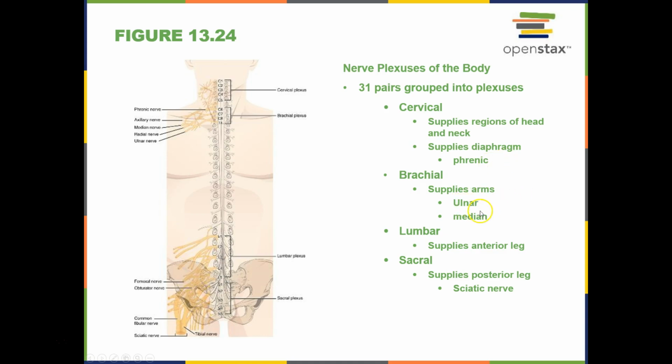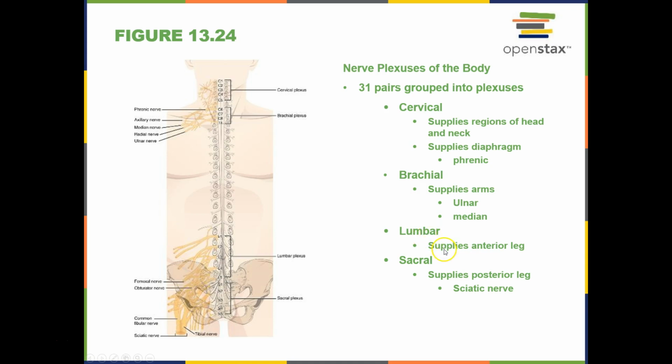The ulnar nerve is the nerve that causes serious pain when you hit your funny bone. It's what gets compressed. The median nerve is the nerve that runs through your hand, or that gets compressed, I should say, in that carpal tunnel when you have swelling. And that's what causes carpal tunnel syndrome, because you have compression of that median nerve.